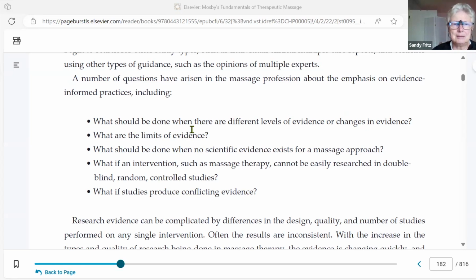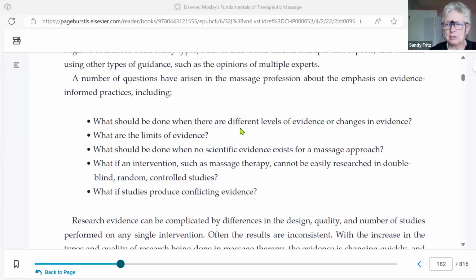And there is a limit to evidence. There's always that outside of the realm that we can't truly capture, but may be able to be captured with an increase in technology in the future.